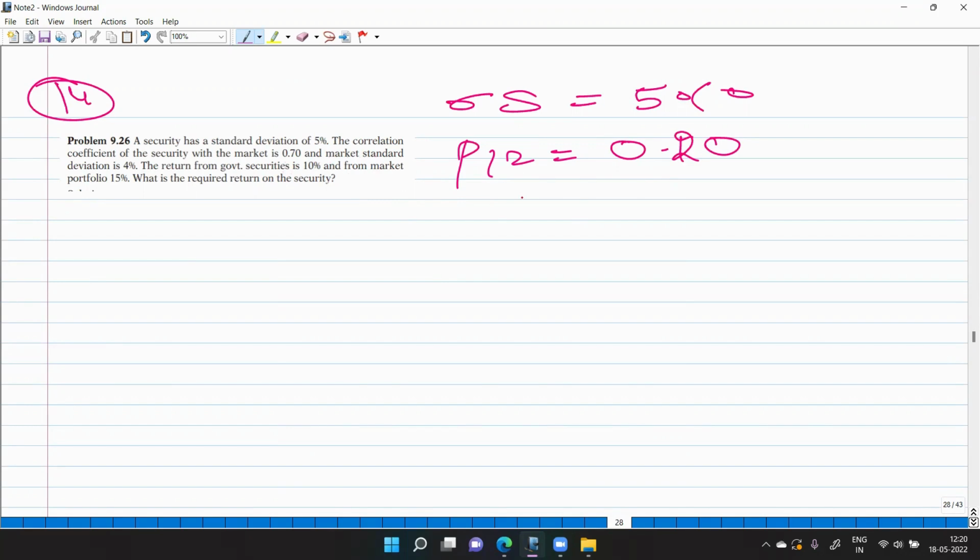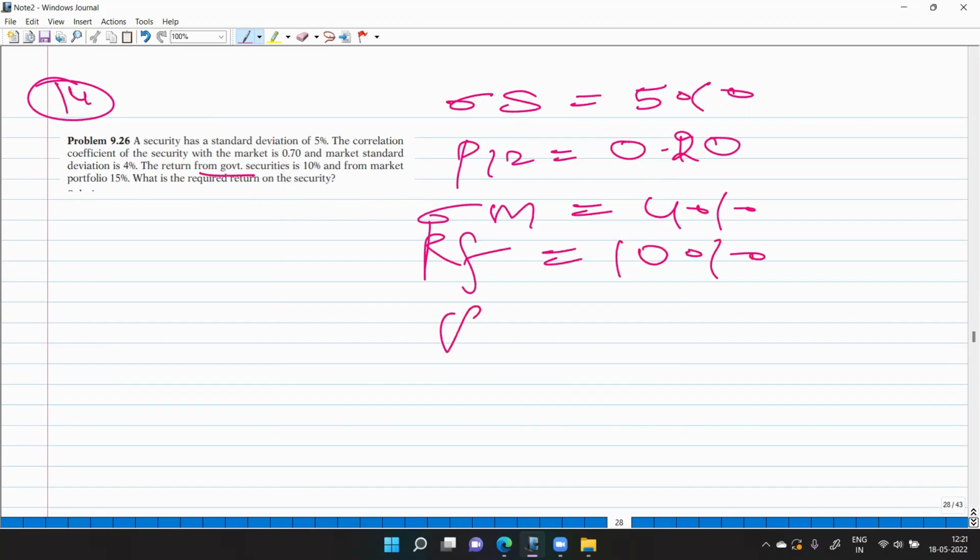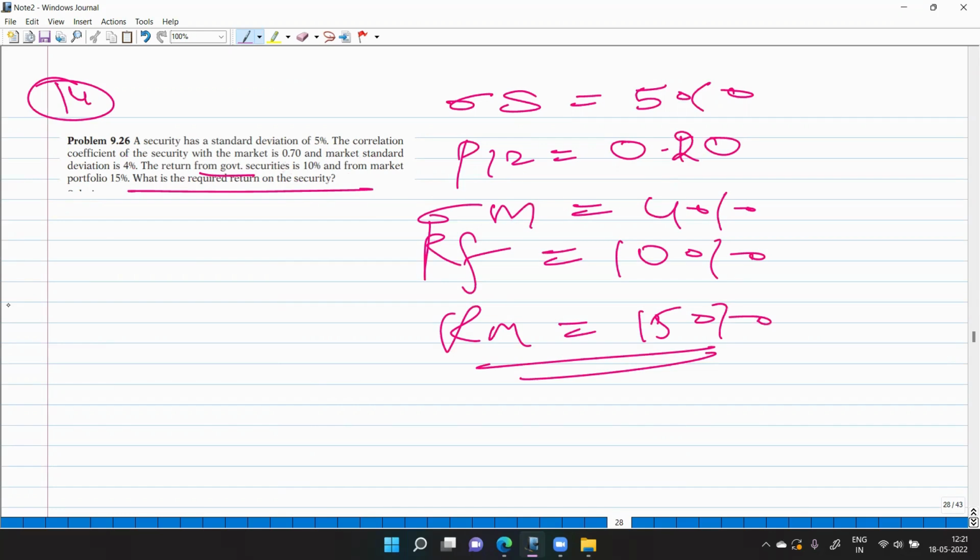And market standard deviation is equal to 4%. The return we get from the government security, that is the risk-free security, is 10% and return from market is 15%. What is the required return on the security?